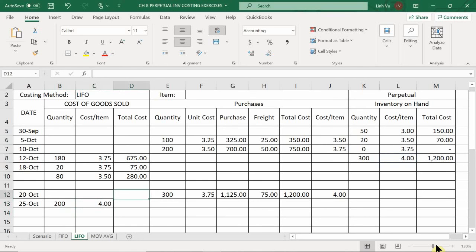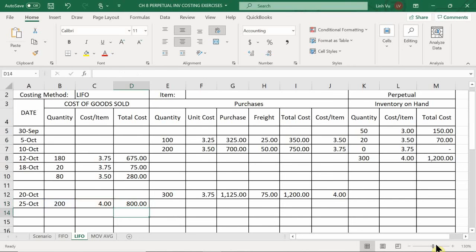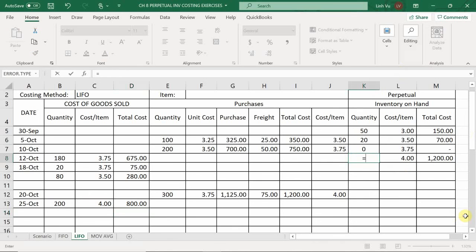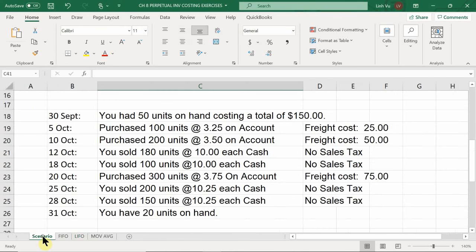So 200 times $4 for a total cost of $800. We went from 300 to 100. 100 times 4 gives you $400. Good.